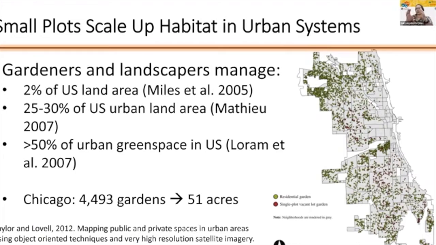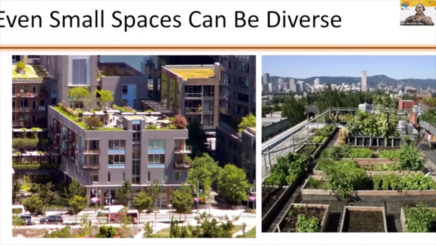So even though each individual plot in these urban and suburban spaces can be quite small, collectively they can be quite large. And how you decide to plant them, you know, one of the things I love about Portland is that people will put a garden just about anywhere they can, whether it's a patio. Here is a rooftop garden on a restaurant where they grow their own food up there.